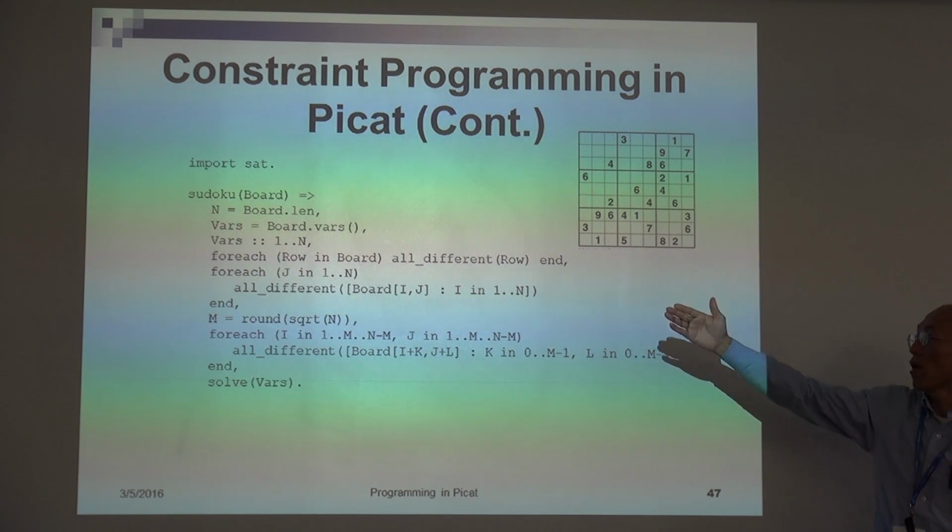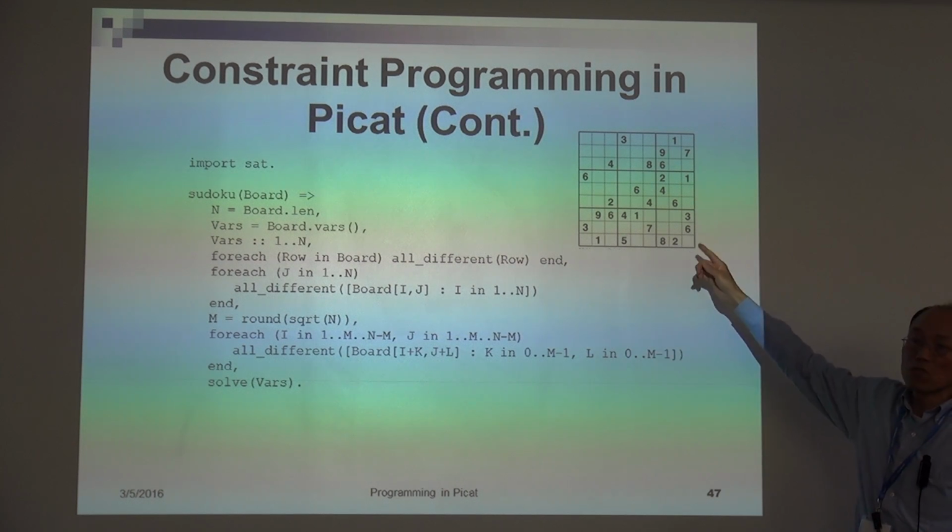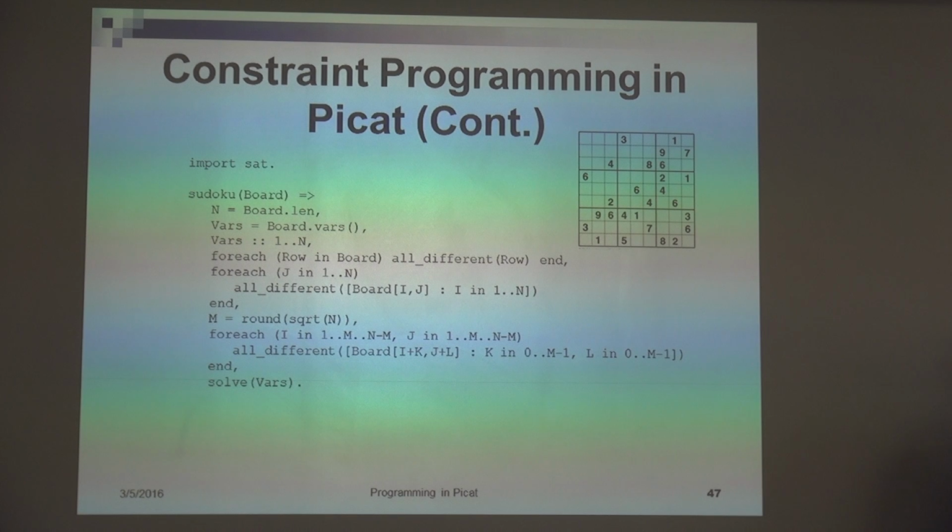Each row is different, each column is different, and each of these small squares contains different numbers. That's it. So you can see, because of support of loops and support of data types, Picat becomes a wonderful modern language for constraint problems.